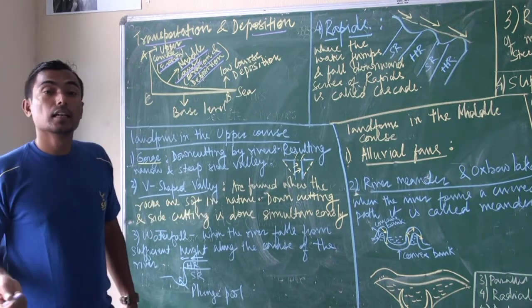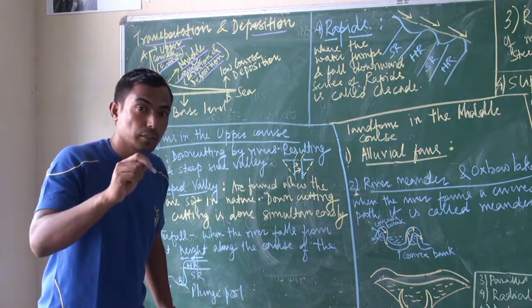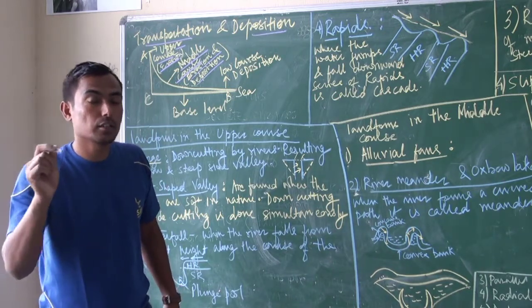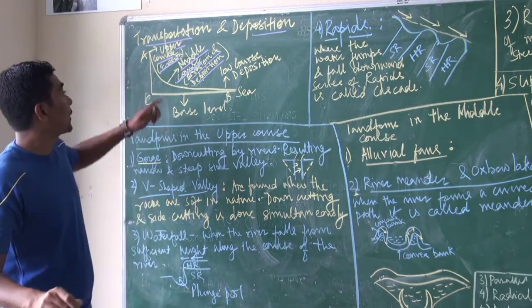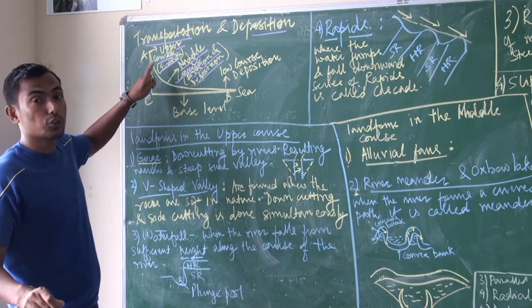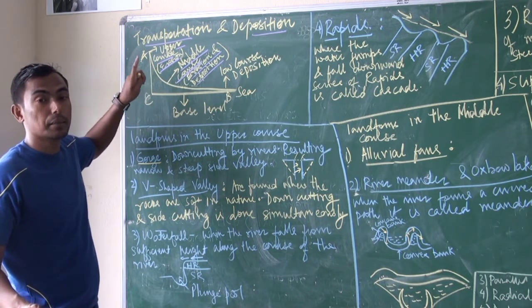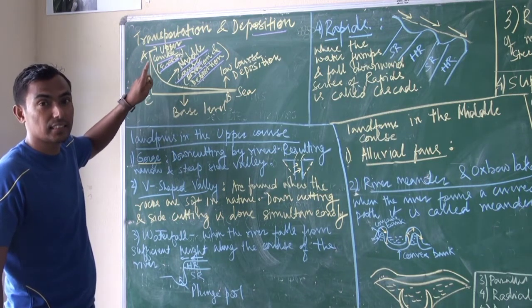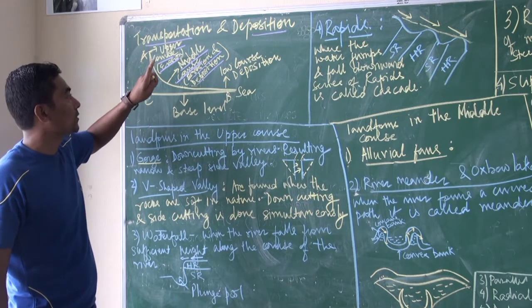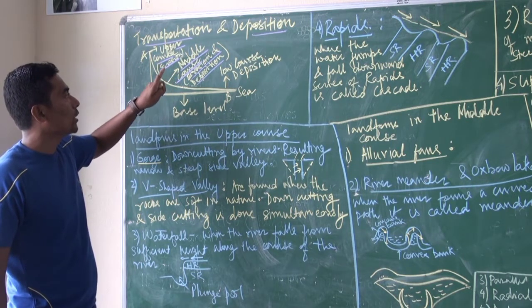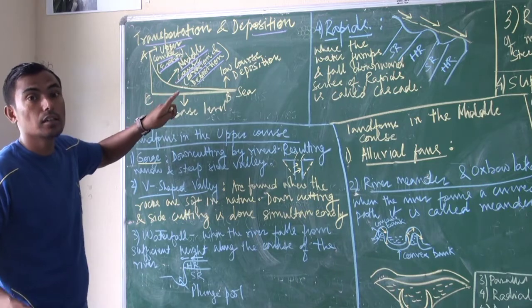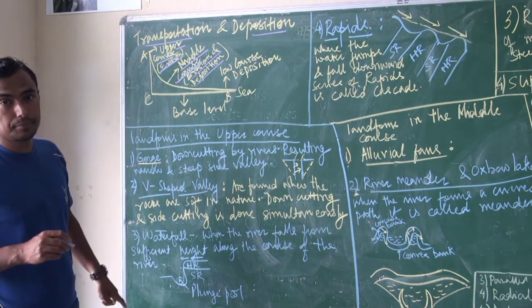It means erosion is there as well as deposition. But in the upper course, only erosion exists, whereas in the middle course you find erosion and deposition simultaneously.